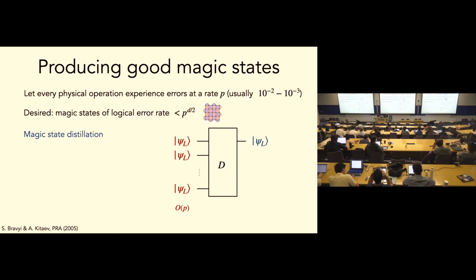You feed all of these magic states into what is called a distillation circuit, and what is output from this distillation circuit is a magic state of higher fidelity or lower logical error rate. Specifically, if you use the 15-to-1 distillation circuit, you obtain a magic state that has infidelity suppressed cubically. So now your logical error rate is p cubed instead of the original p.